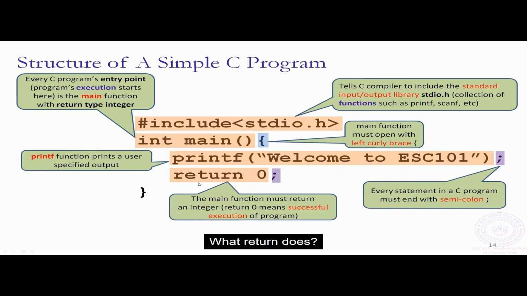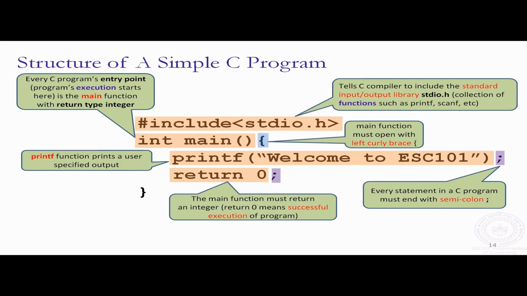What return does is that it says once this value 0 has been returned to the computer by the program, then the computer knows that the program has stopped working and it has been successful.